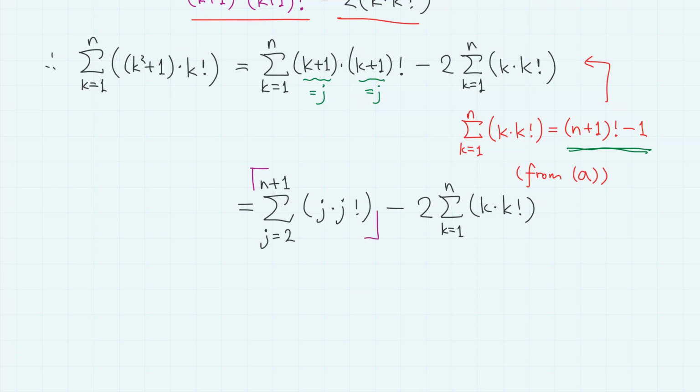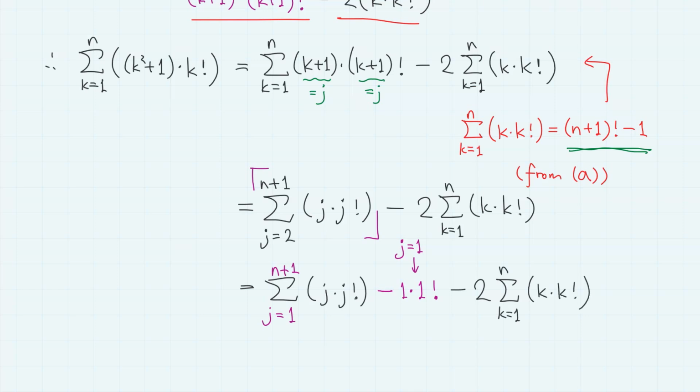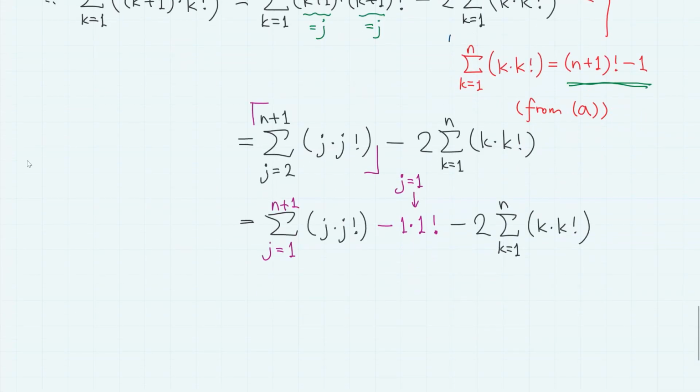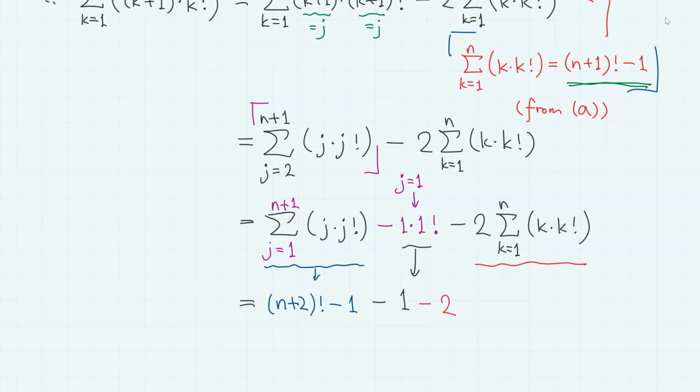So as for this part, we can write first the summation where j goes from 1 to n plus 1, and then we subtract the term where j equals 1, which is 1 times 1 factorial. So we have this, and applying this, so first from here, we get n plus 2 factorial minus 1, and then minus 1, and from here, we have minus 2 times n plus 1 factorial minus 1.